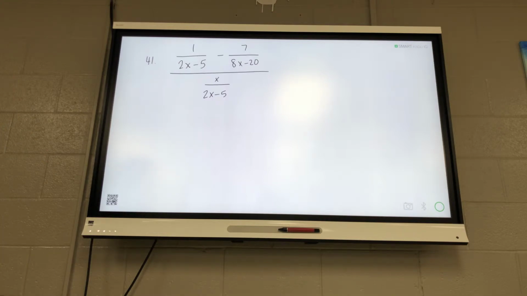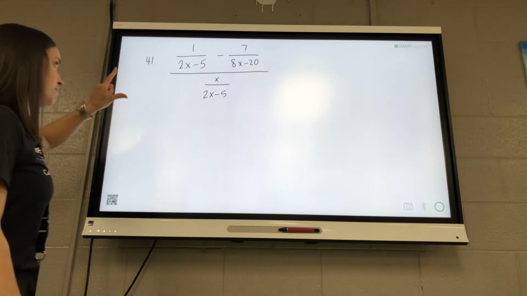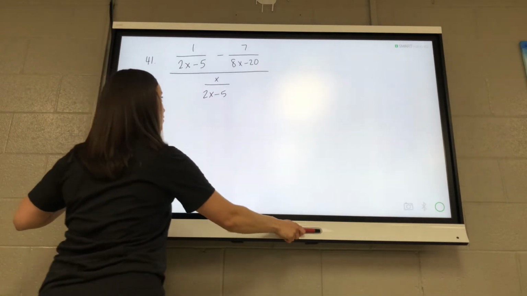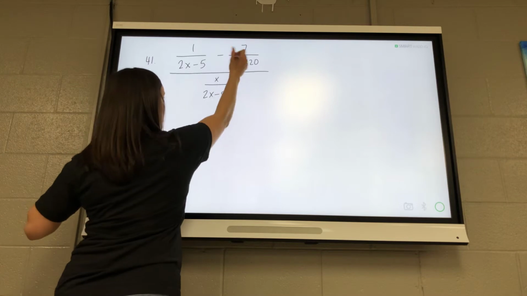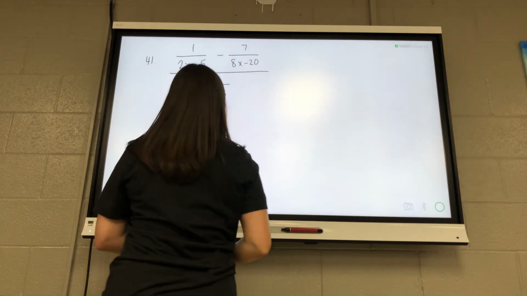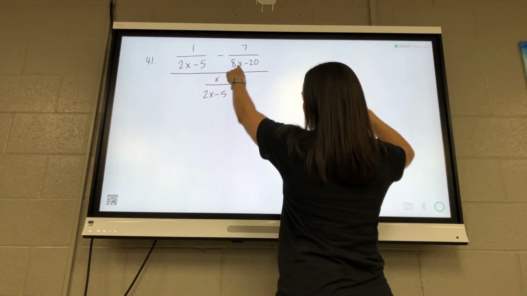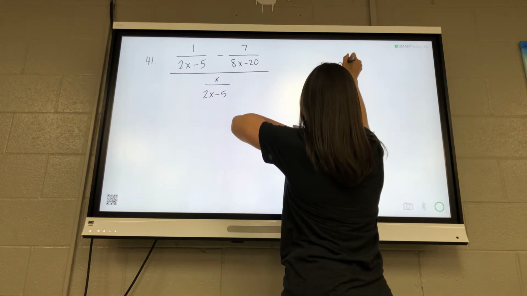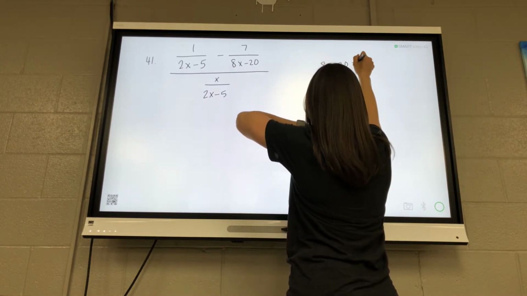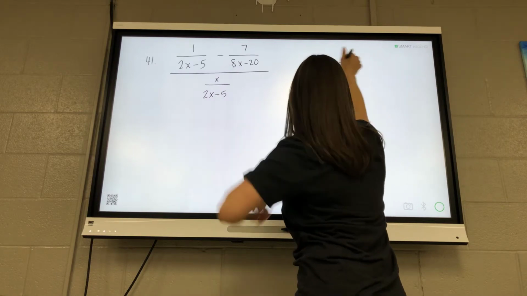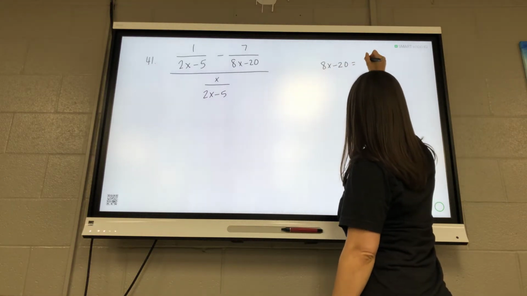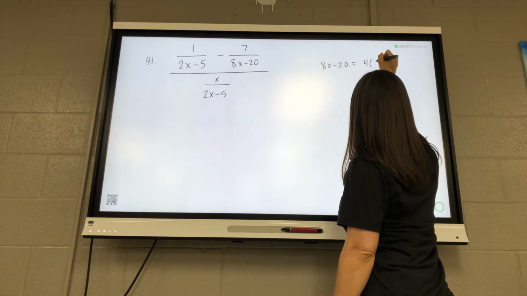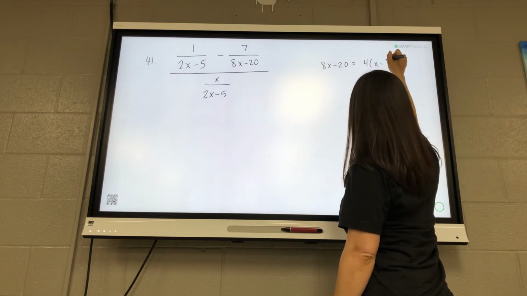The first thing we have to do is find that least common denominator. Well, we have 1, 2, 3. So I see 2x minus 5. Let's work with this one and see where we are. So 8x minus 20. What if we factor out 4? We have x minus, that's 2.